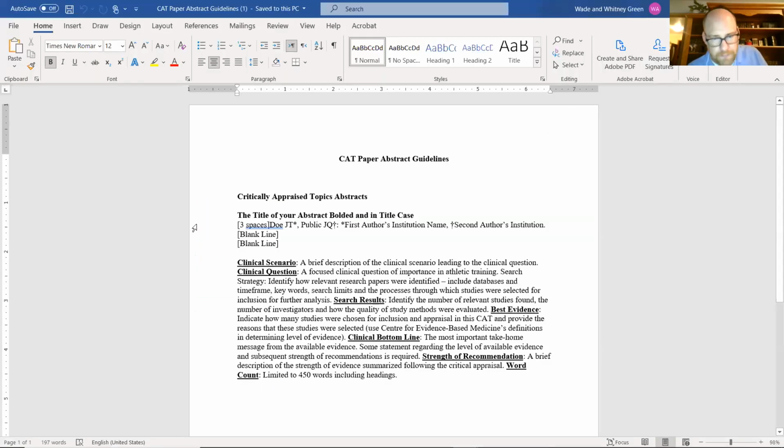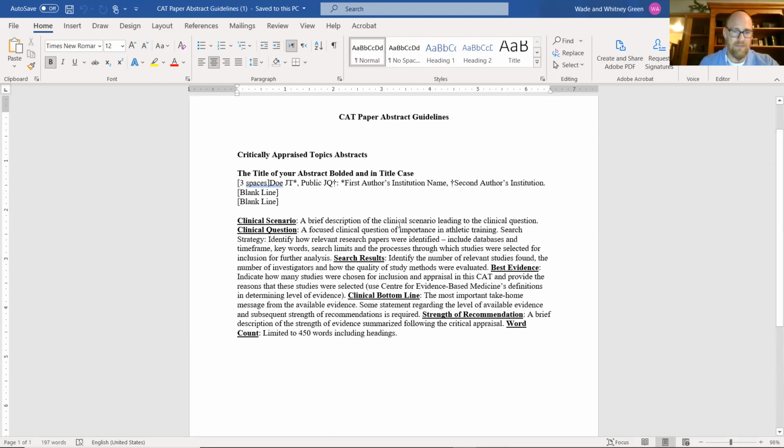So I'm giving you just an outline of the abstract. For your CAT paper this semester, when you turn that in to me at the end of the semester, you'll have to have not only the full paper, but you'll have to include an abstract as well. So the abstract as well as the manuscript. I'm going to want both. I have a template for you of what the abstract should look like, and some guidelines here.